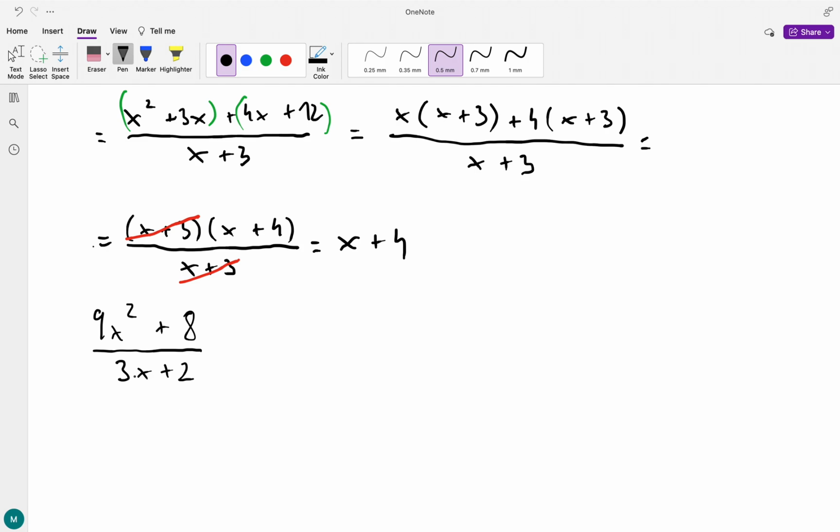Well, 3x is indeed a factor of 9x squared, and 2 is indeed a factor of 8. So why don't we factor out 3x plus 2? So 3x plus 2. And then when we divide it, right, we will end up with 3x plus 4.